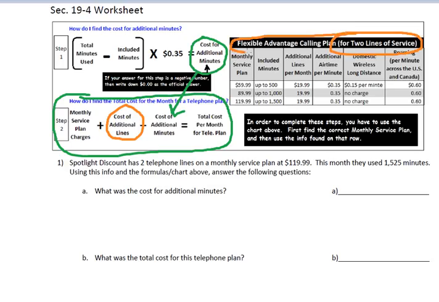If your company only has 2 lines, then you don't have to pay any extra for additional lines. But if they have more than 2 lines, then you're going to start being charged for each additional line. The other thing that we'll point out is the monthly service plan charge, the basic fee for that monthly plan, and that can be found up here on this chart in this column.